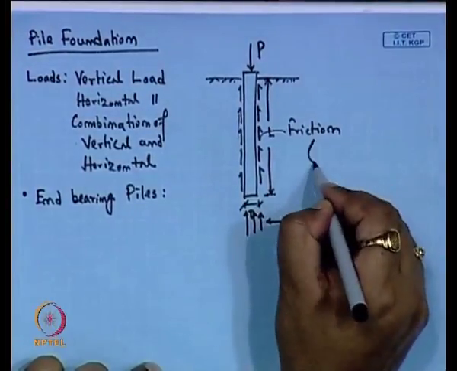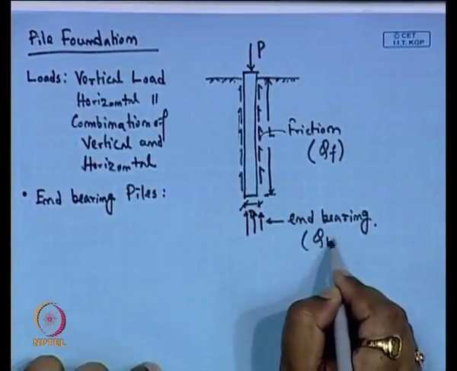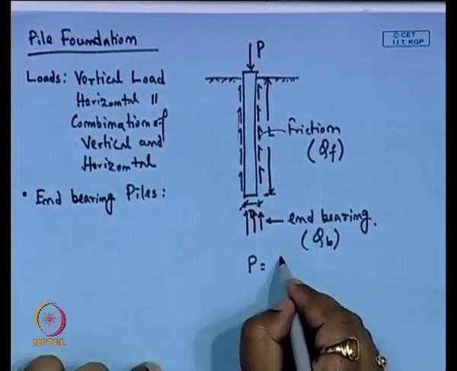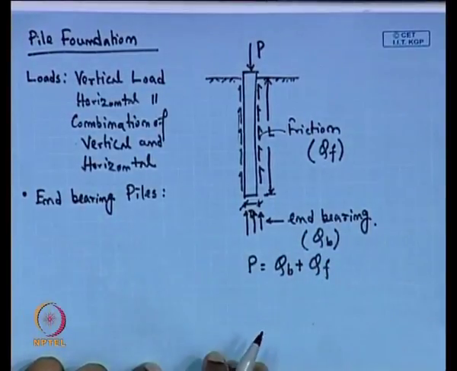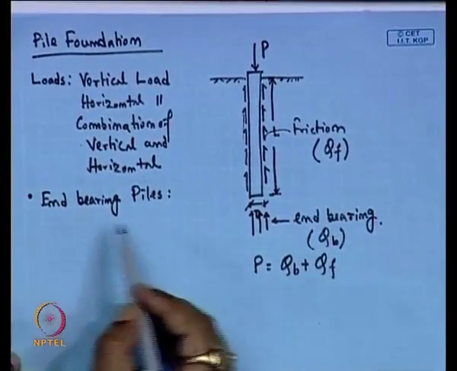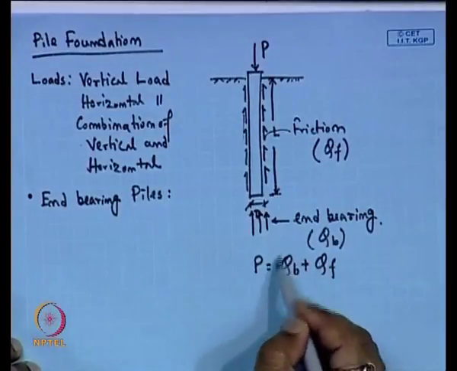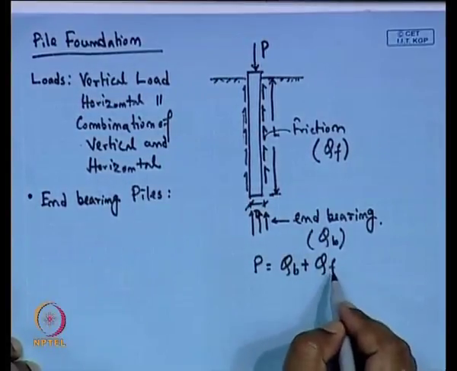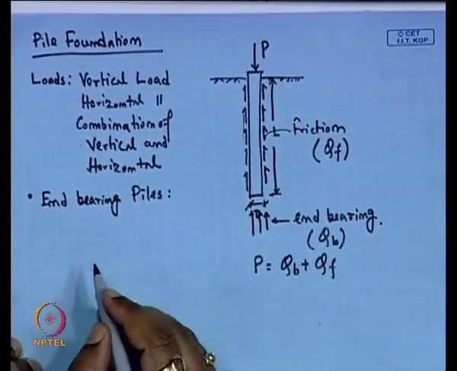If I write the contribution from the friction as Q F and the contribution from the bearing as Q B, then the total load taken is the contribution of bearing plus the contribution of friction. Now, if the contribution of the bearing part Q B is very high as compared to Q F, then this type of pile is called an end bearing pile.